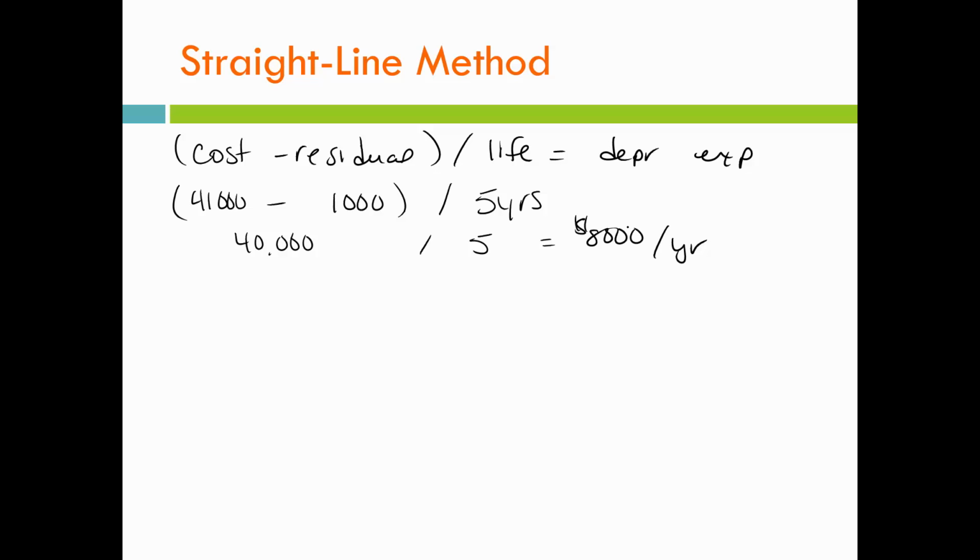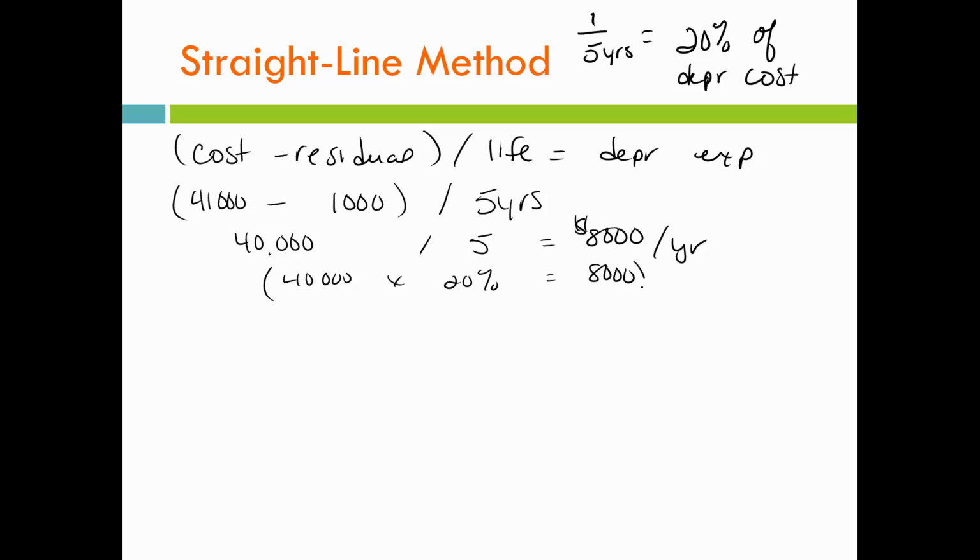And I'm going to do that every single year. Another way you could look at that is you could take 1 over 5 years and you get 20%. So each year I'm going to depreciate 20% of that depreciable cost. So I'm going to take 40,000 times 20%, and that's 8,000. I'll show you when we get to the double declining. You'll understand why I kind of explained it that way.